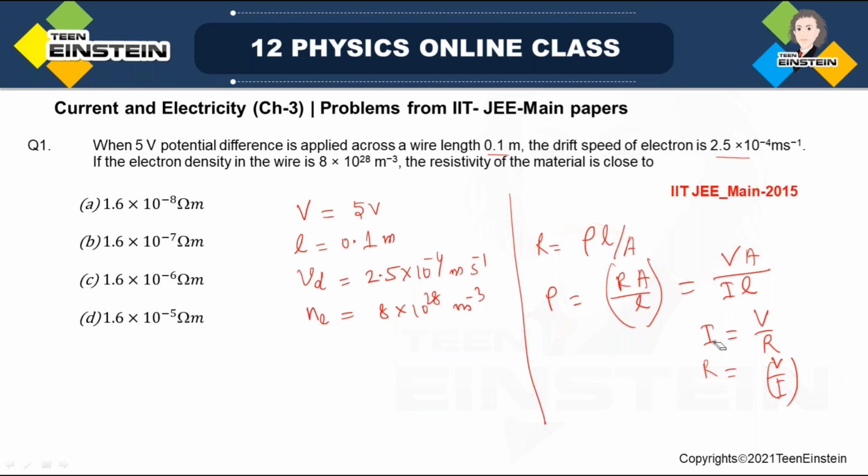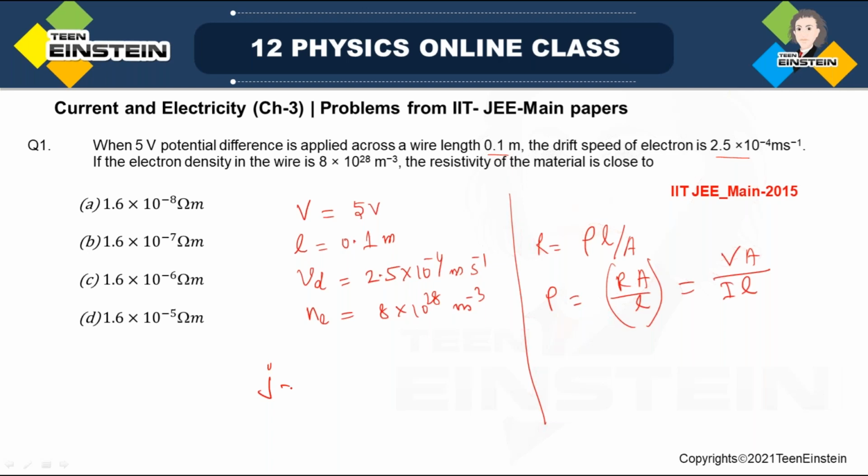But current is not given. Voltage anyway it is given. Area is also not given. So what we can do? Instead of this current, we have the number density and we have the drift velocity. Look, what do we know about drift velocity? How do we know the relation between current and drift velocity?